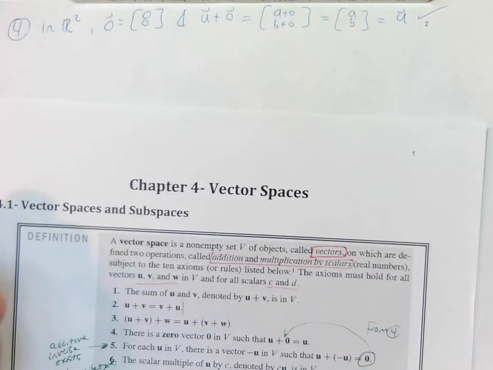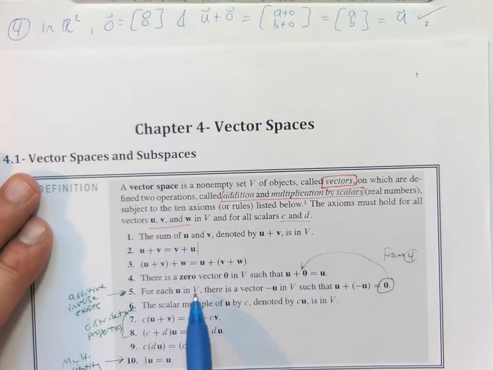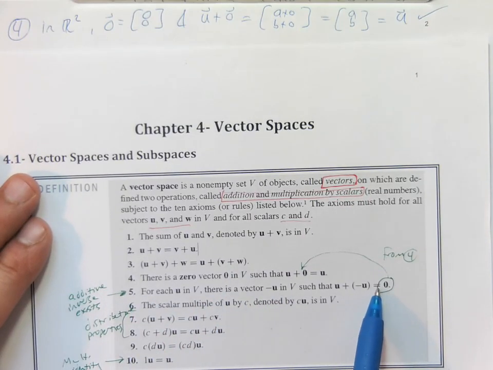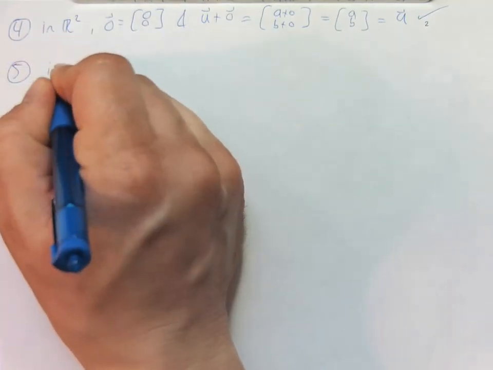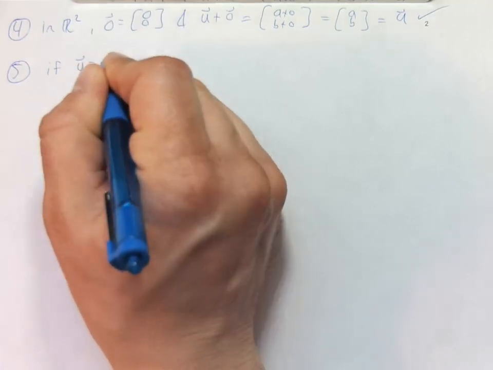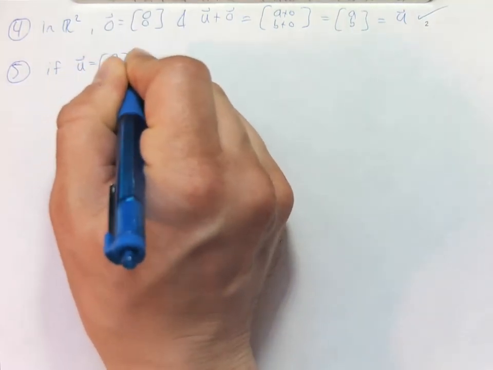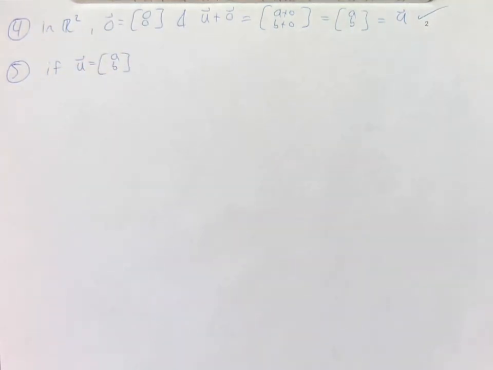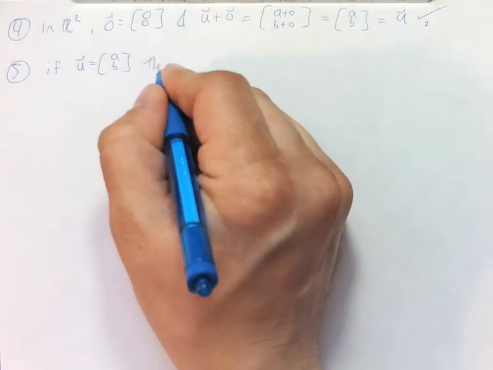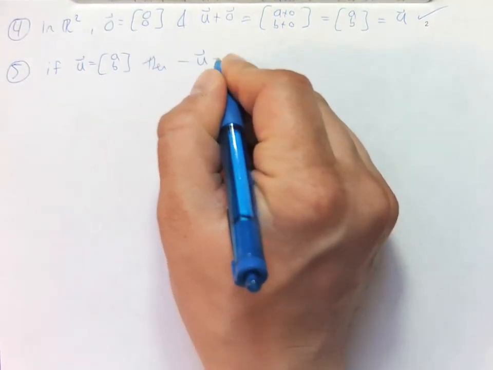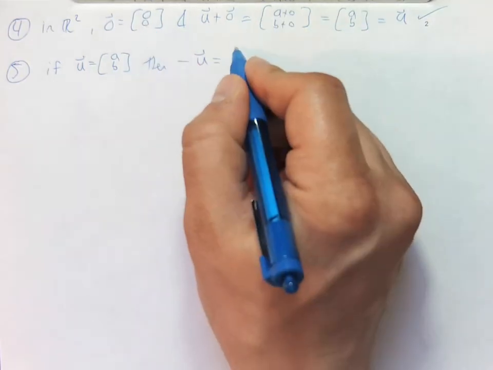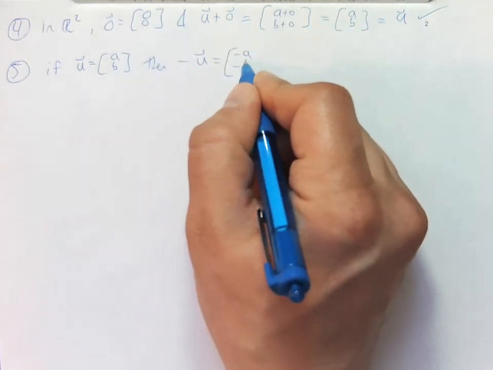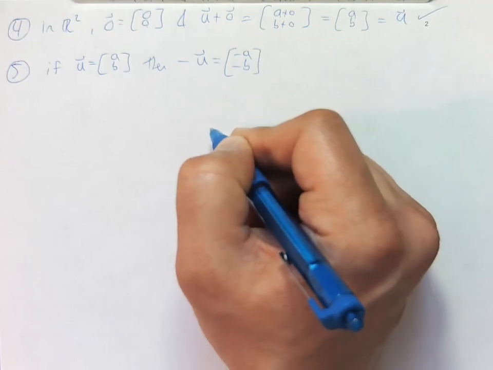Number 5 tells us we need to have an additive inverse that gets us back to that zero vector when we add it to an arbitrary element. And so if we're thinking about 5, if u equals a b, which we know because we've been dealing with u quite a bit, then minus u, the thing we would need to add to that to get to this zero vector right here, would be minus a, minus b, right?